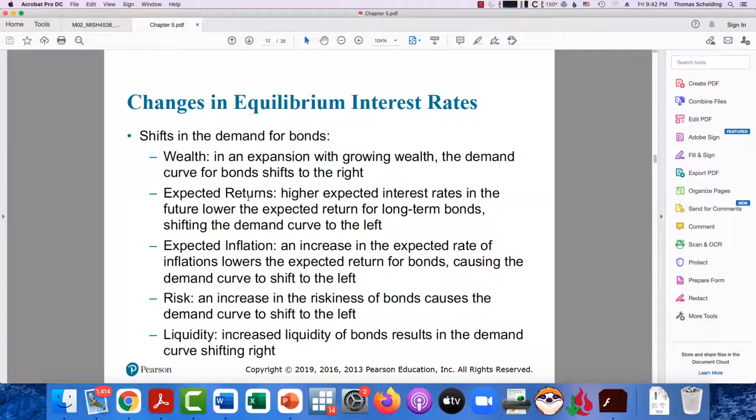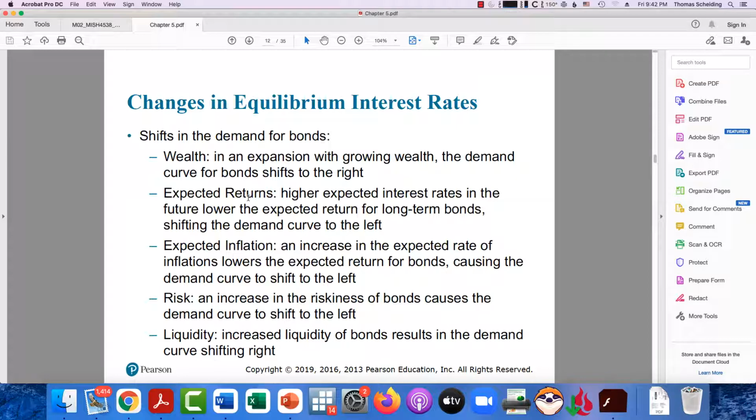So we've got wealth increasing, shifting to the right, liquidity increasing, shifting to the right. The rest, when expected returns are higher, expected inflation is higher, and risk is higher, then the current demand curve shifts to the left.